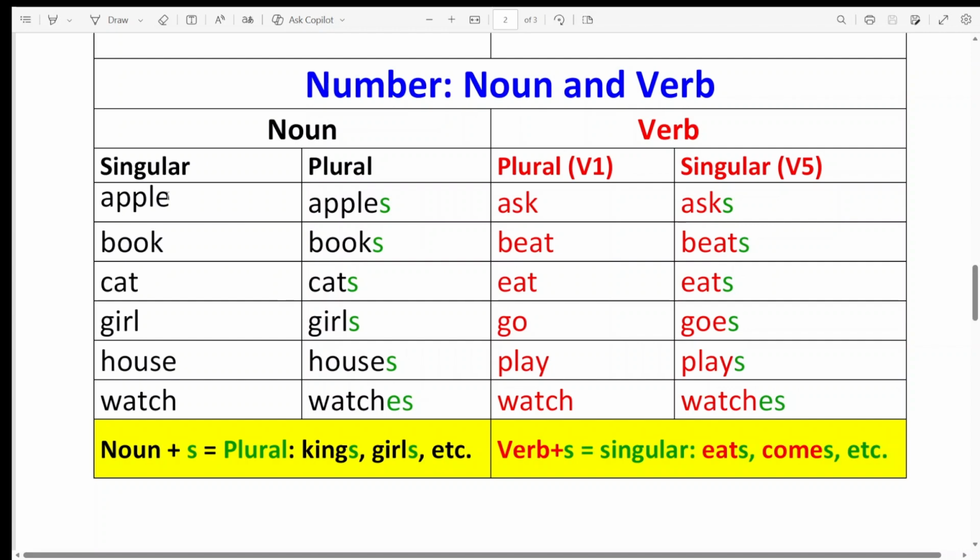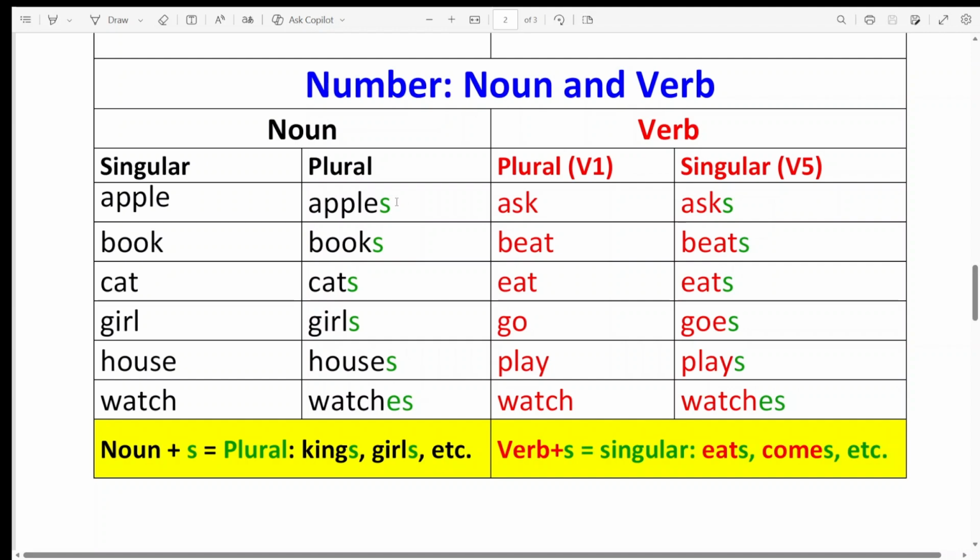You know noun, you know verb. So when you add s to nouns, they change into plural. Whereas when you add s to verbs, you see verbs in red, they change into singular. You always remember V1 is plural, whereas V5 is singular.